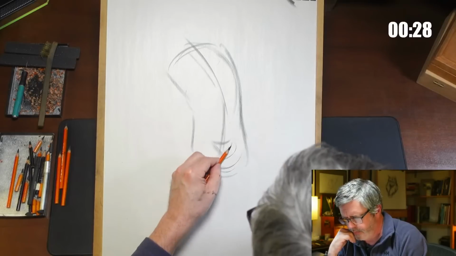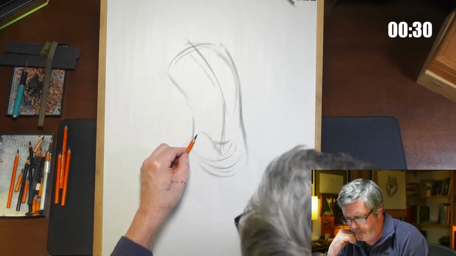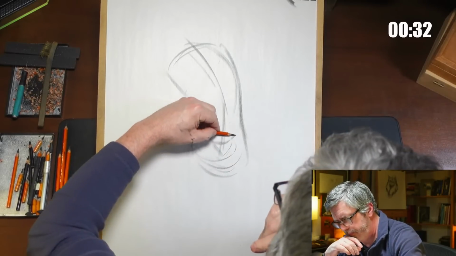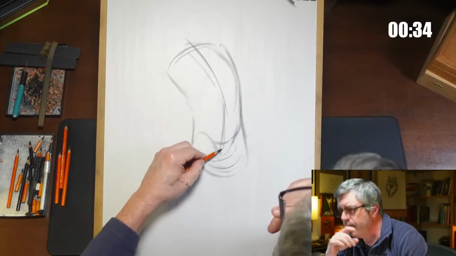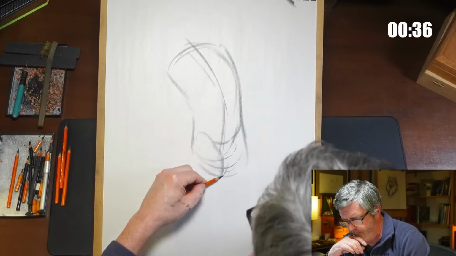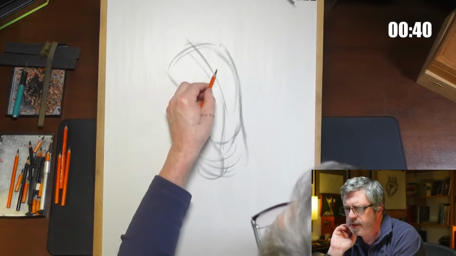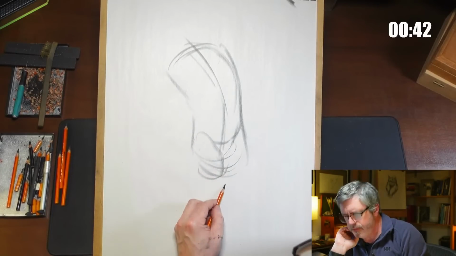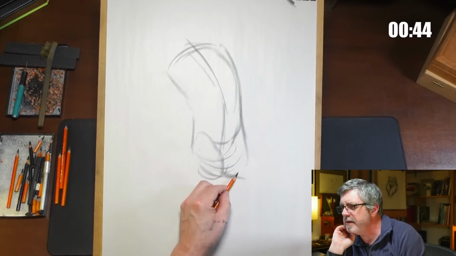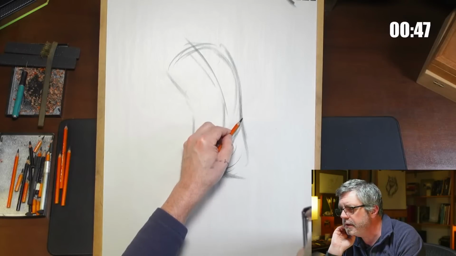Lovely sacrum here. And we are looking down on our subject, so we do want to try and be mindful. Once again, a little bit of perspective here, a little bit of foreshortening.